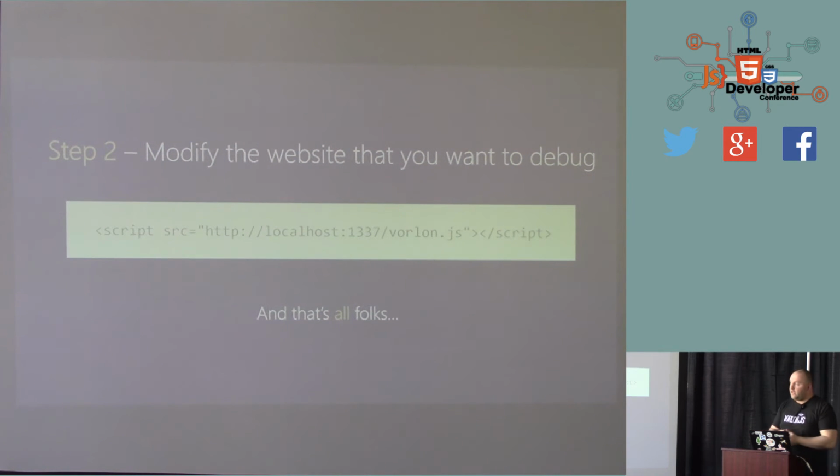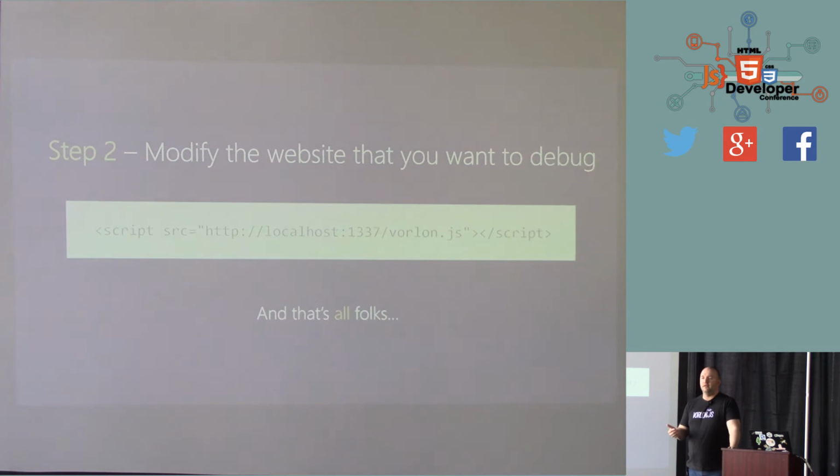But there may be another issue, because sometimes, most of the time, we find a bug when the site is in production, right? And in this case, it's not a good idea to deploy Vorlon.js on your production site, because it will establish a socket connection for every one of your customers.